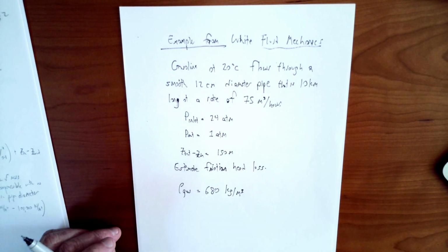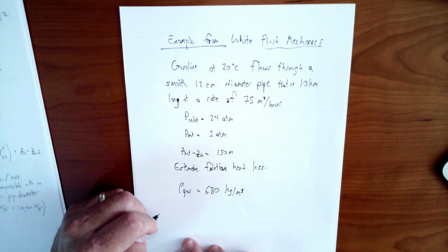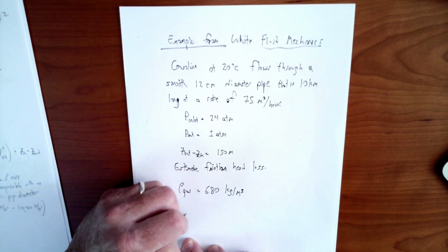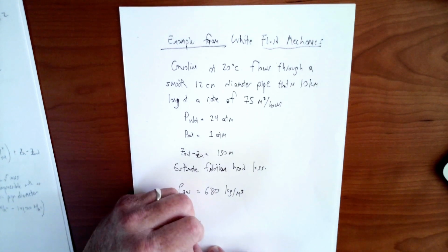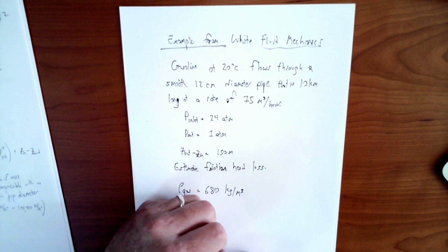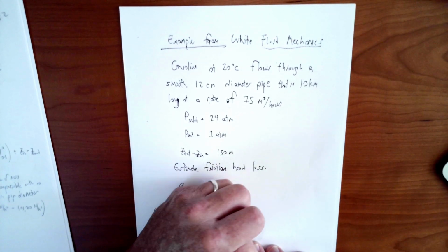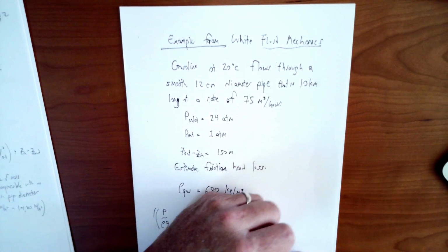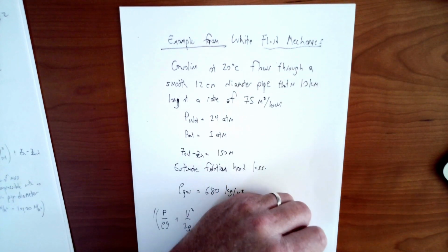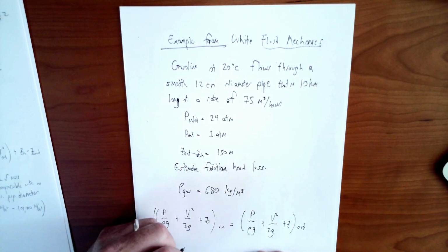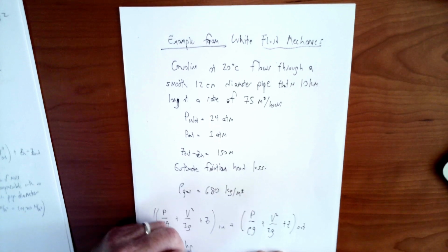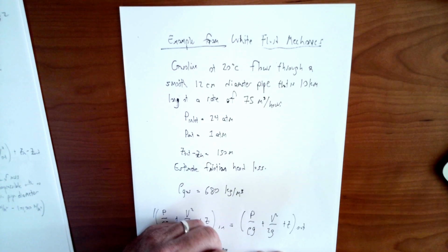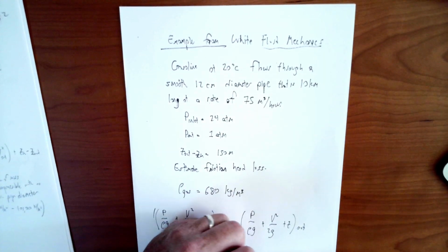We're going to write the head loss equation. P over rho g plus V squared over 2g plus Z in is equal to P over rho g plus V squared over 2g plus Z out, and then I have my 3 head loss terms: H friction, which is the one I'm trying to find, H pump, and H turbine.